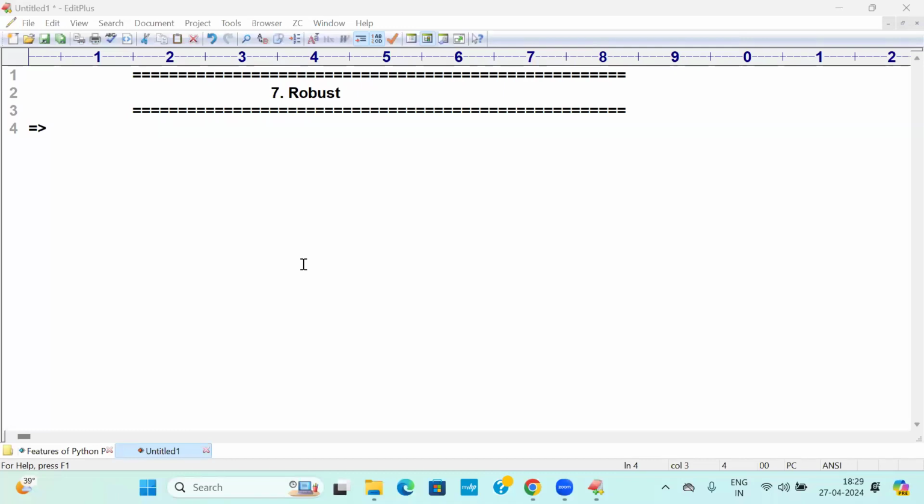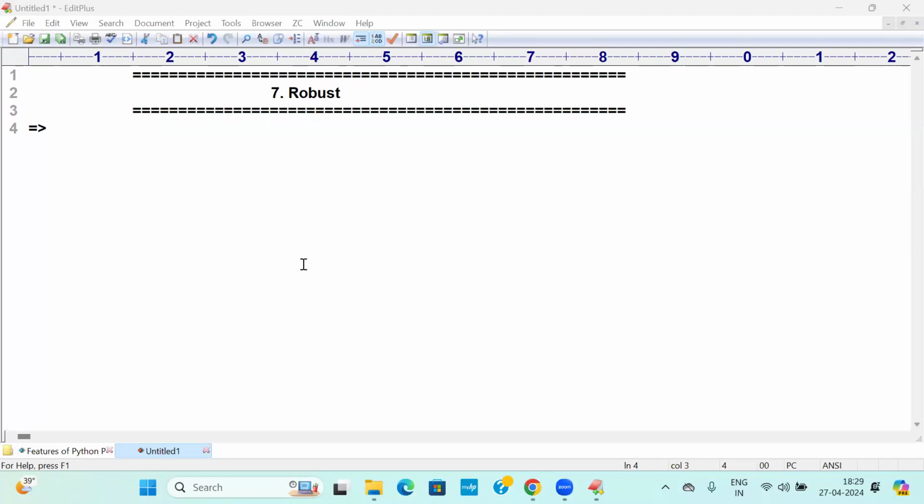Strong. Understand? If an end user commits a mistake and your software does not give any suitable message, the end user will not understand what message comes from my software. Definitely that software is called what? Weak. Did you understand my point?